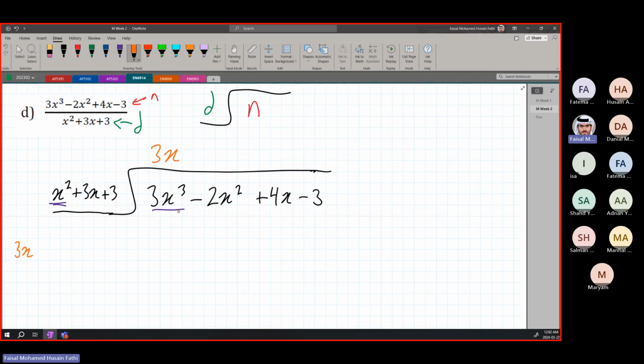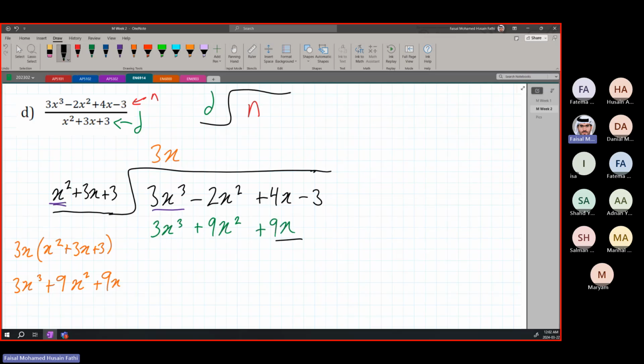So it will become 3x into x squared plus 3x plus 3. This will give us 3x cubed, like I said. Plus 3 times 3 is 9, x times x is x squared, plus 3 times 3 is 9x. So here we will have 3x cubed plus 9x squared plus 9x.